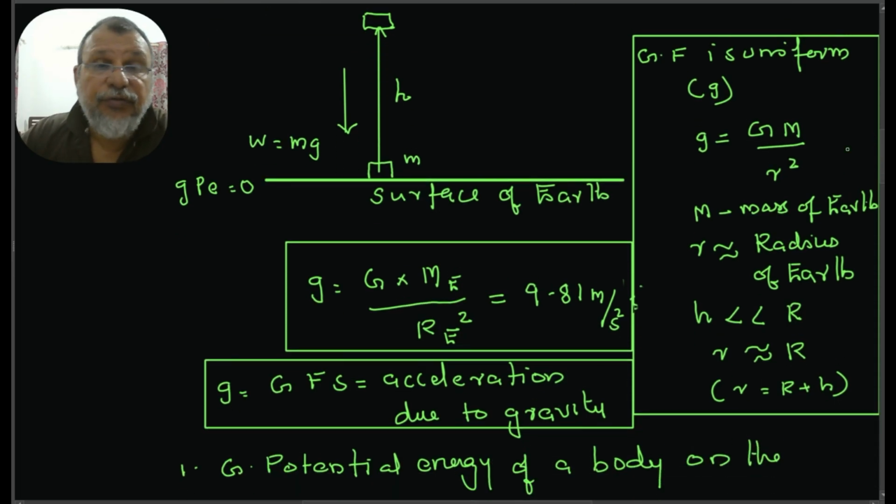So, if you want to find the gravitational potential energy of the body here, you need to find out how much work is done in moving this mass m against the weight, which is the force acting, through the height h.